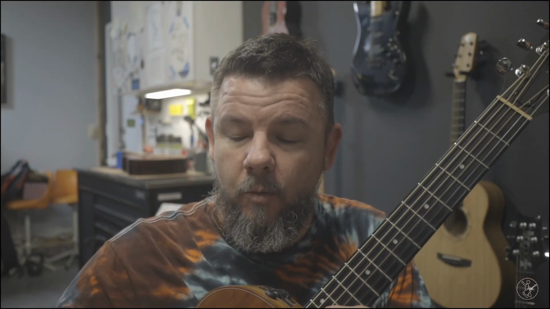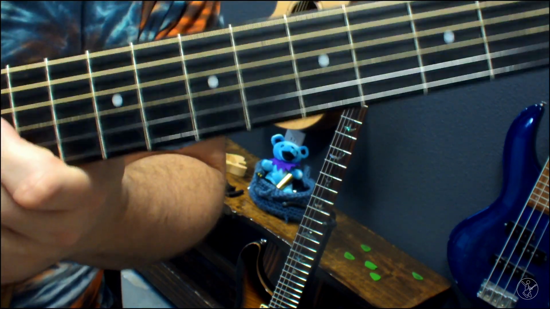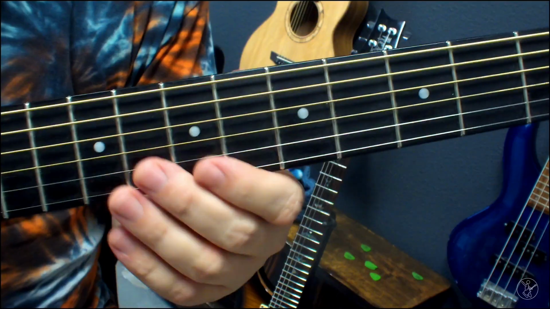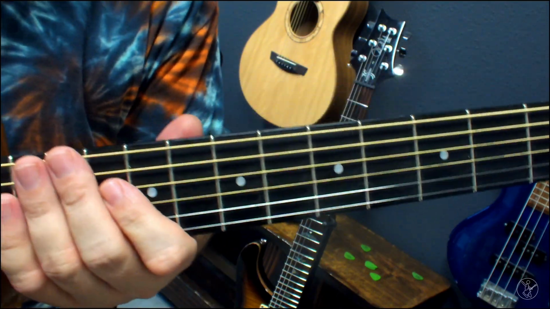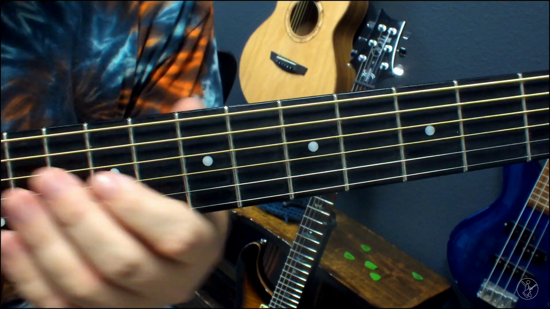It's pretty simple, okay? Now, how to practice this, that's the big thing. What I would tell you to do is to just quiz yourself. So take a minute, look at your chart. Like if I'm looking over here at this chart, I've got on the E string, the 3rd fret's G, then A, then B, and then C sharp. Just come over here and say them out loud and play them.